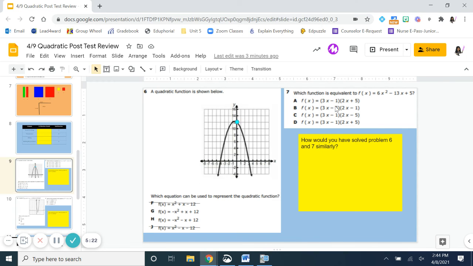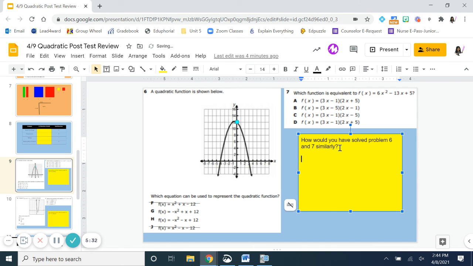So that's how I know that that one is my equivalent problem to this equation. So our question was, how could we have solved these problems similarly? We match the graph or equations with the equations in the answer choices.